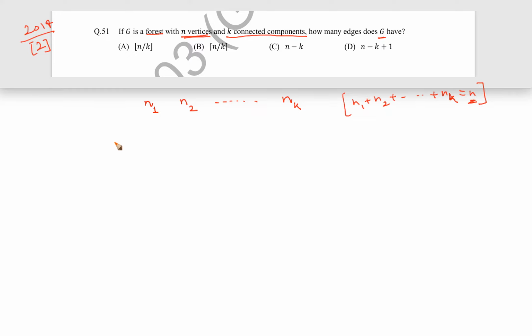Now after that, let's focus on one particular connected component. Since G is a forest, it means that each of the components is a tree. And if each component is a tree, what property do we know about a tree? That if there are n vertices in a tree, and that is a connected component, then it will have n minus 1 edges.